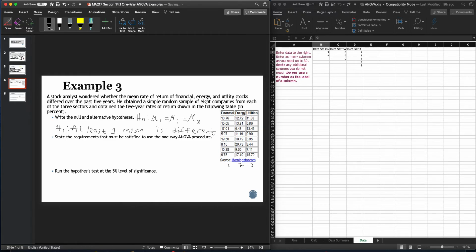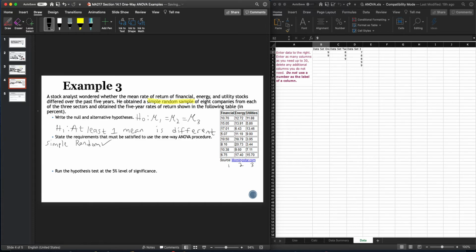But here we want the requirements that must be satisfied for this one-way ANOVA procedure. So we were told right here, where was it? Right here. This is a simple random sample. So we have a simple random sample, which is good.